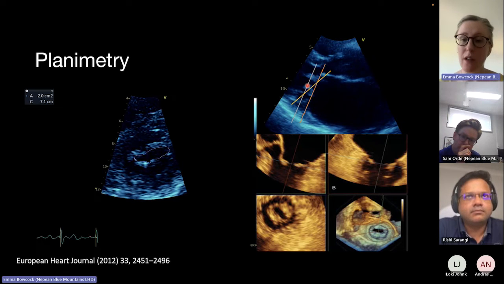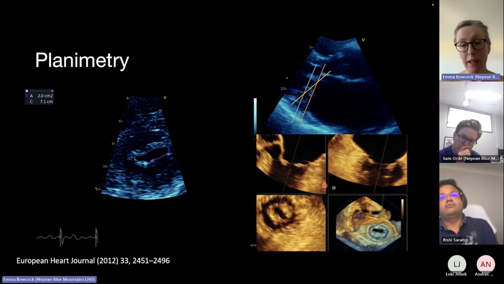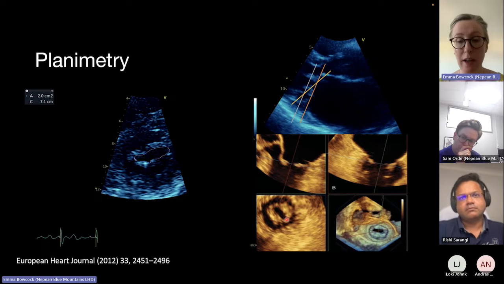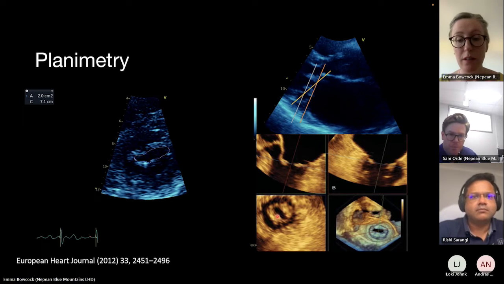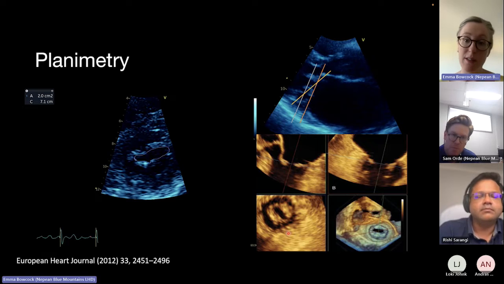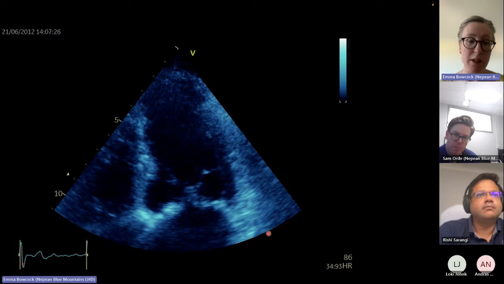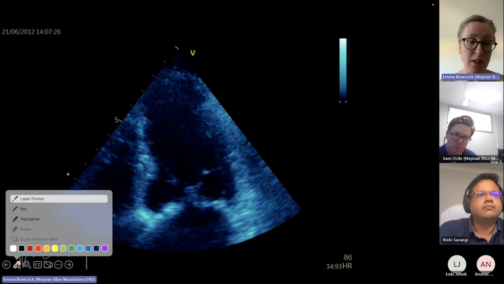What we can do with 3D is cut through exactly where we want to cut through, and then move up and down to find that narrowest point in the funnel. This is the 3D picture here, and then we would planimeter that part there, and it's pretty good, and recommended. So just to show a few more loops of this patient.